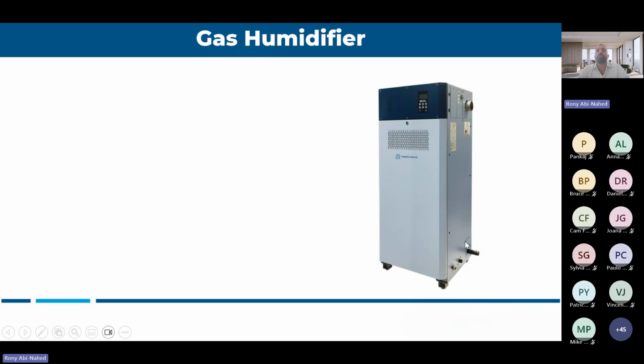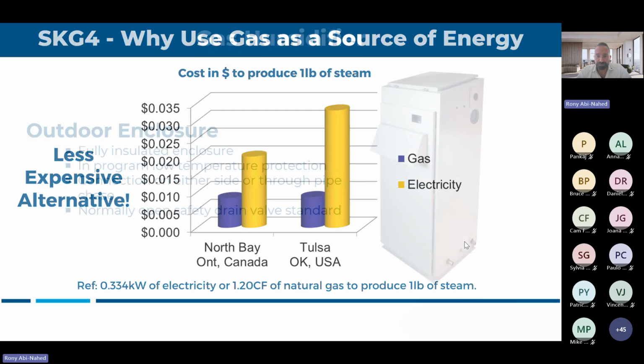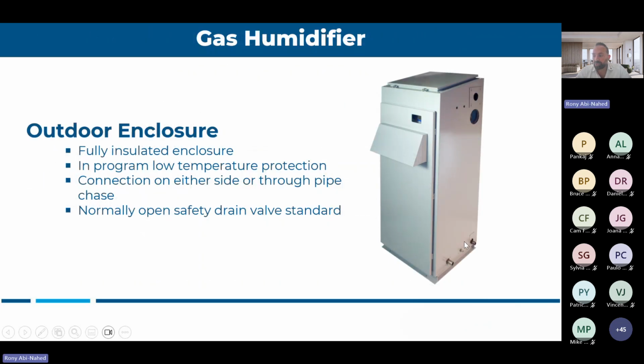So when you go with gas, mostly it's because gas is cheaper in the area you're designing, or you have big capacities and you don't have enough amperage in the building to cover it with electricity. On the gas side, you can have the option to have the unit indoors or outdoors. In most brands, you will have indoor and outdoor options, not just for gas.